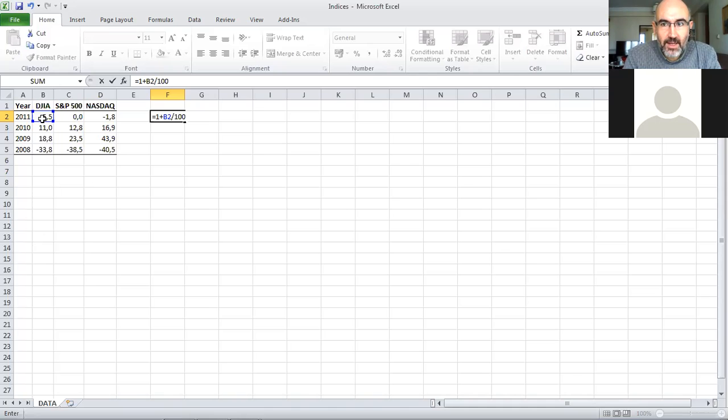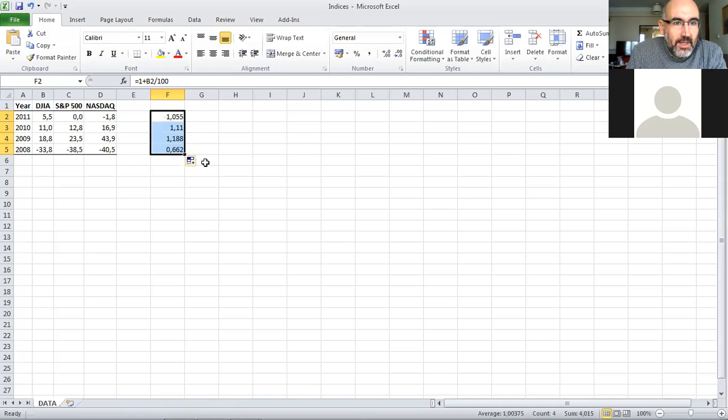So I have to divide it by 100. So it becomes 0.055. That is the first value I calculated, 1 plus D2 over 100. If the returns were provided to us in decimal format already, you don't need to divide by 100. So I'll just copy it down.